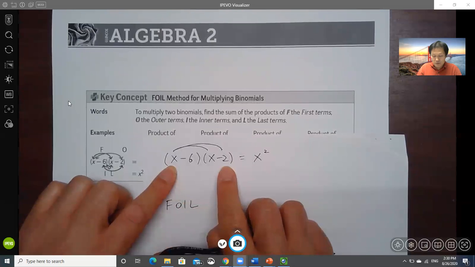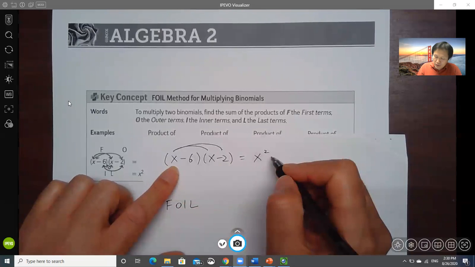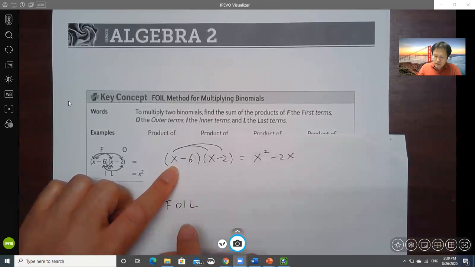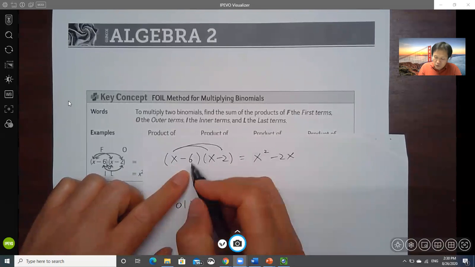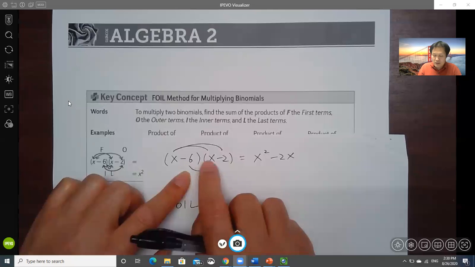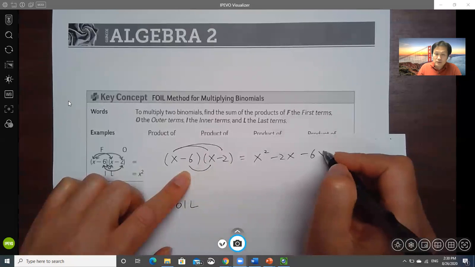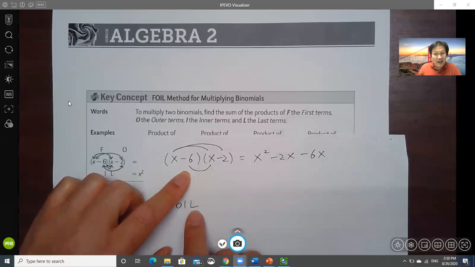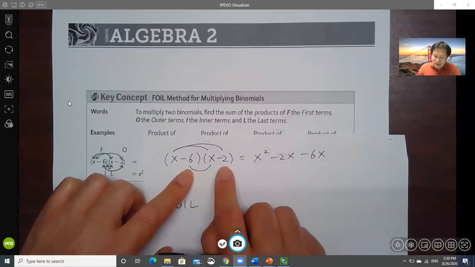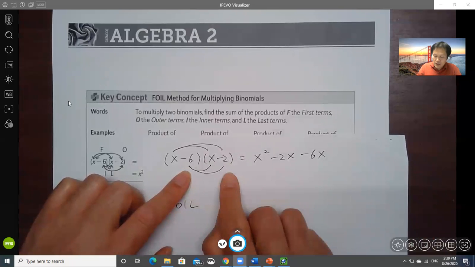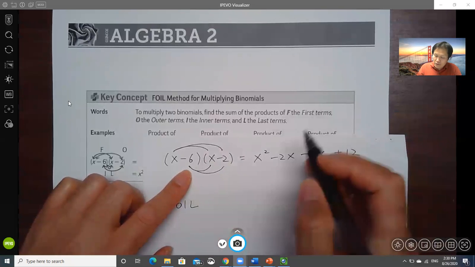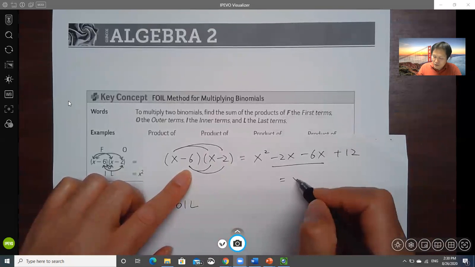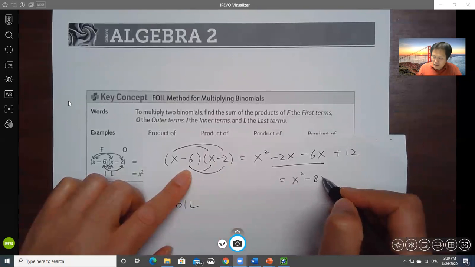Outside numbers multiply, x times minus 2, minus 2x. Inside, inside numbers, you multiply these two, minus 6 times x, minus 6x. L is last number, you multiply these two, minus 6 times minus 2 is a positive 12. Then you combine like terms, it becomes x squared minus 8x plus 12.